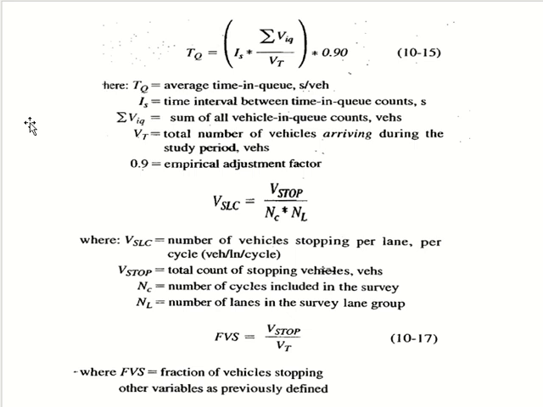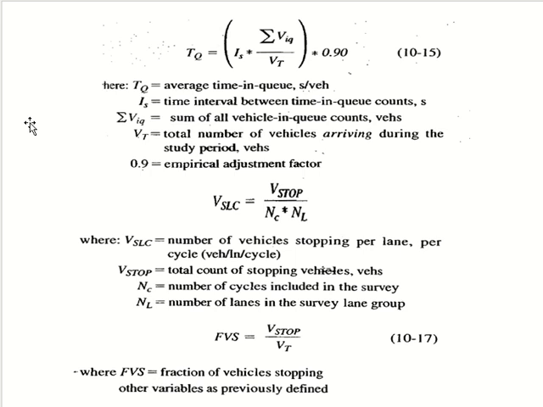So VIQ is 6. So if he is doing it for half an hour, he will have many observations. So that's why we are doing the summation. Summation means you will take his observations from all time intervals and add them together.